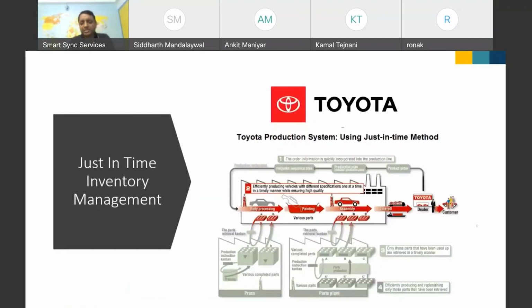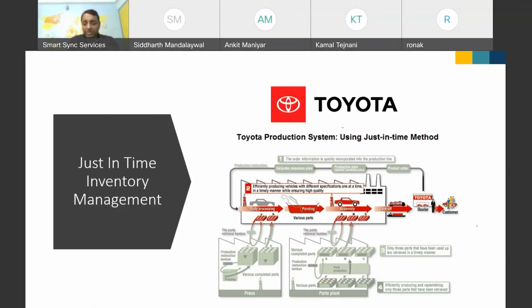Now let us spend some time to understand the just-in-time method of Toyota and how they saved a lot of time and money which is tied up in inventories, right? They follow four basic principles. Number one, the order information is quickly incorporated into the production line.